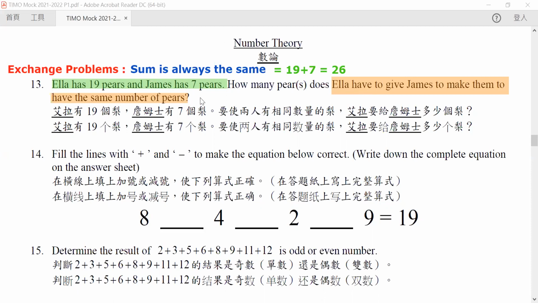It would be 13 pears. Ella and James will have 13 pears each for them to have the same number of pears. Okay, they will just be half of the total.